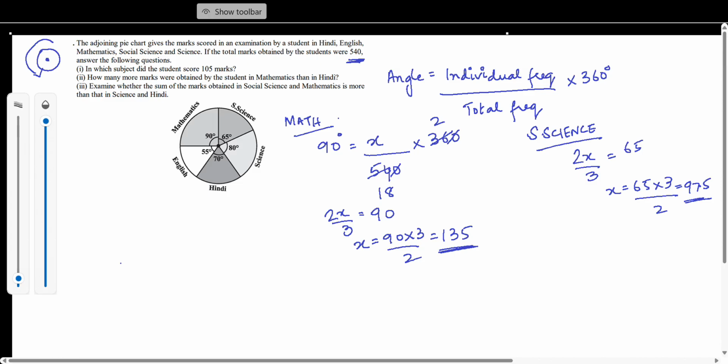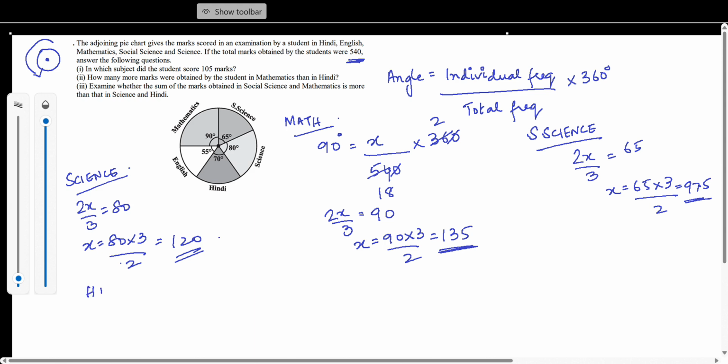After social science, we have science. Science is 2x by 3 equal to 80. So x becomes 80 into 3 by 2, which is 240 by 2, which is 120.